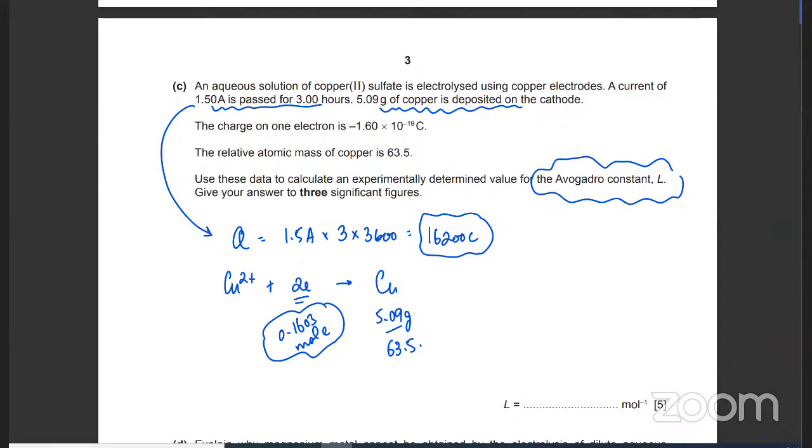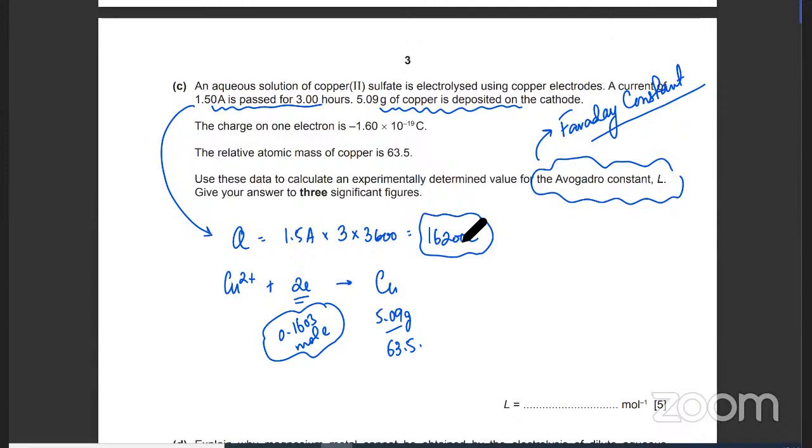The only problem with doing that is that I can use the Faraday constant, right? But the Faraday constant is derived from the Avogadro's number, right? In the question, they're asking me to calculate experimentally the Avogadro constant, so I'm not trying to use the Faraday constant.